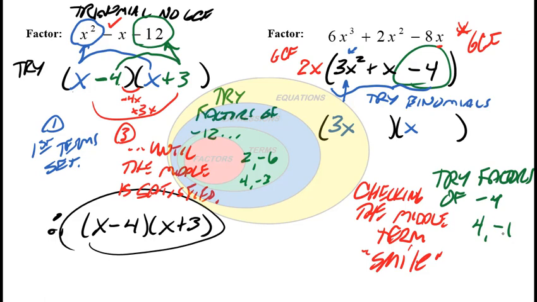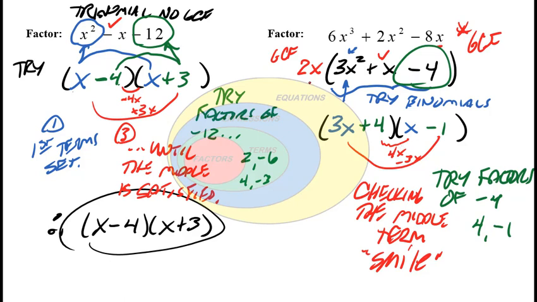But if we plug in 4 and -1, maybe we look like +4 here and -1. We just have to check the middle term. The middle term would give me a 4x and a -3x. And if I combine those together, I do get 1x. So these are the binomial factors.